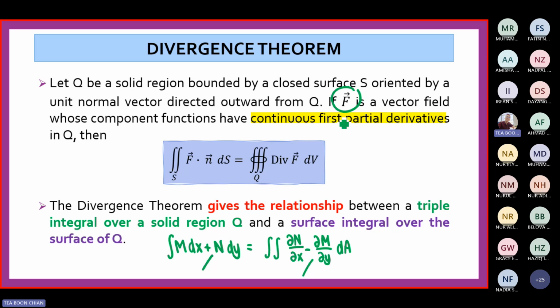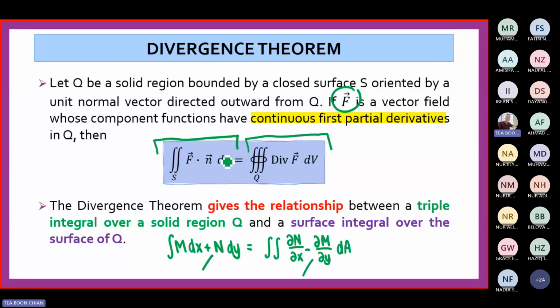If the vector has continuous partial derivatives, then yes, if you evaluate the surface integral and the triple integral, you will get the same value. But in real life, not all vector F are continuous. That's why in the divergence theorem, the left-hand side value and right-hand side value are not necessarily the same.